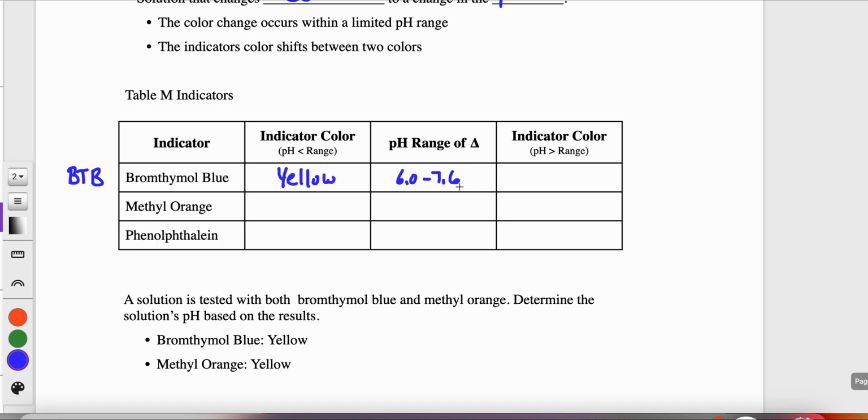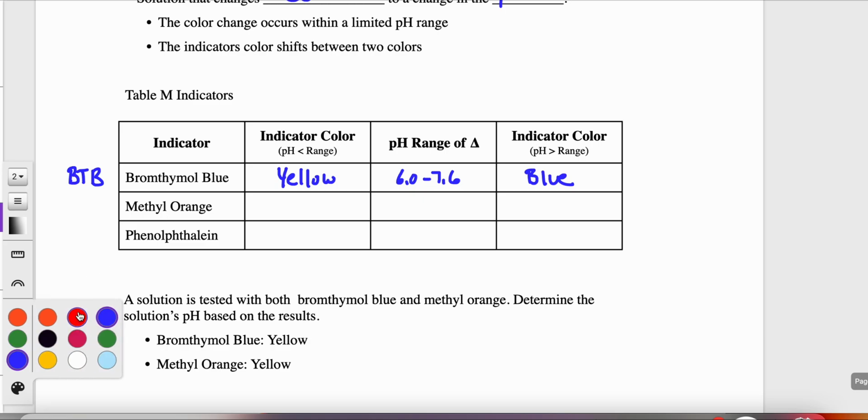If you put a drop into a solution whose pH is greater than 7.6, the bromethymol blue will remain a blue color. So it switches between yellow and blue. pH less than 6, it definitely is yellow. Greater than 7.6, it is blue. There's a small range in which it shifts between the two colors.